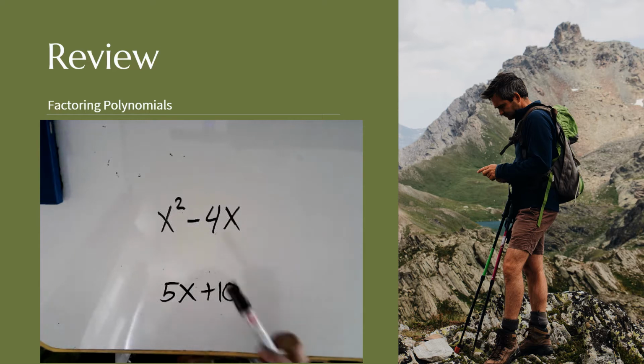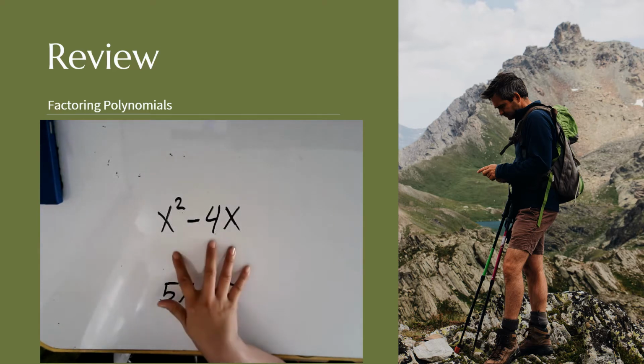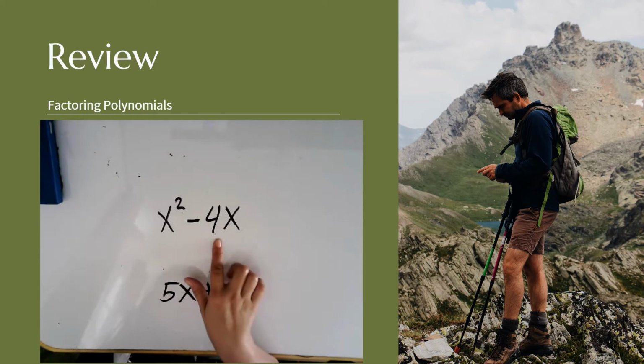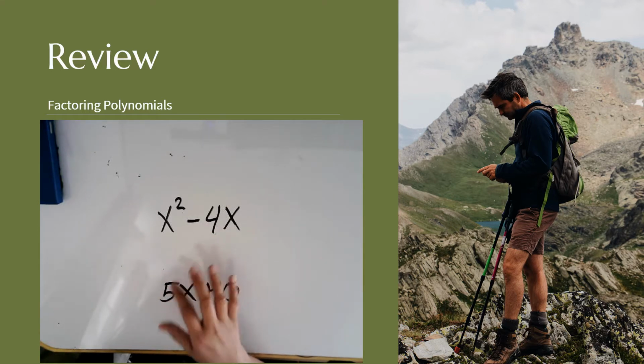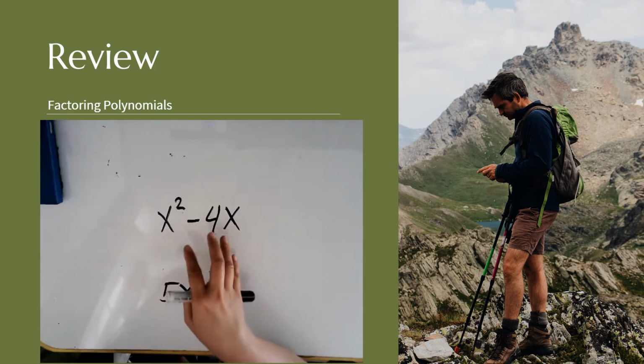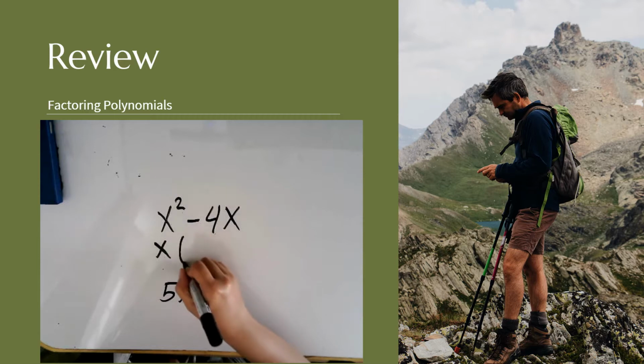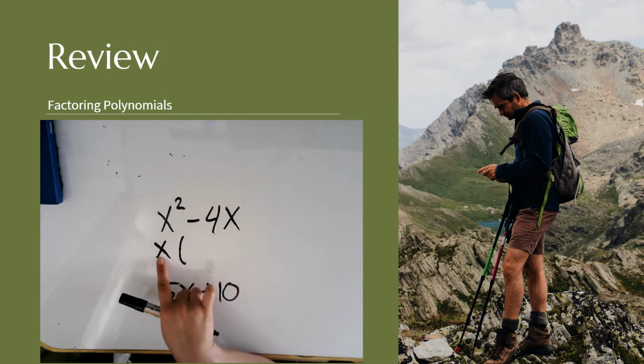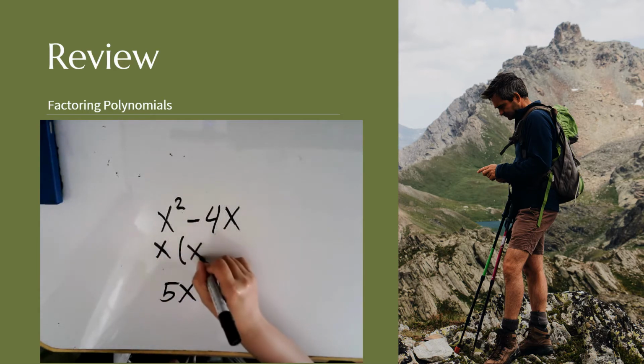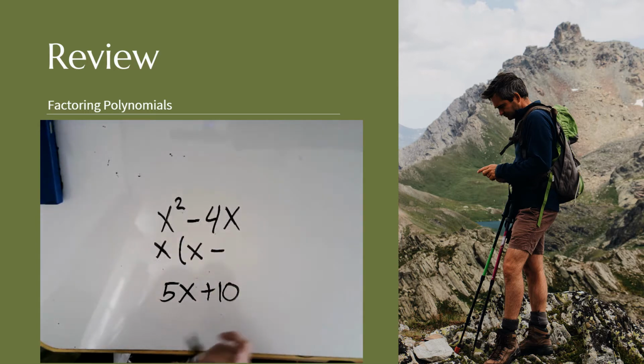Next, how about this one? x squared minus 4x. Notice that on both terms, there is an x involved. So it means we can factor out that common factor. Factoring out x on both terms, x squared divided by x is equal to x, and negative 4x divided by x is equal to negative 4.